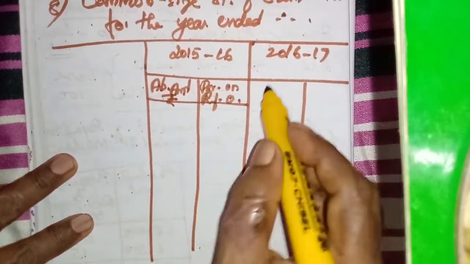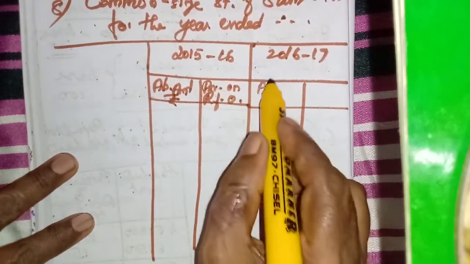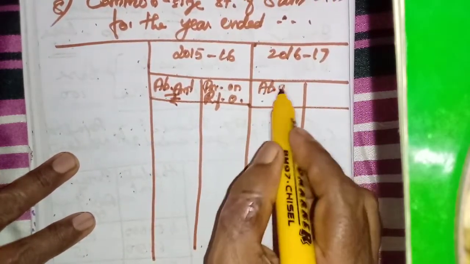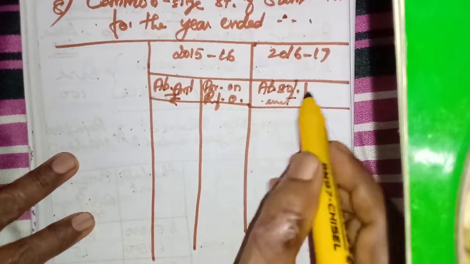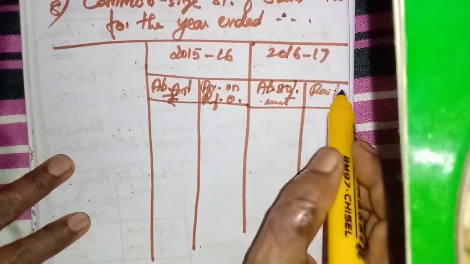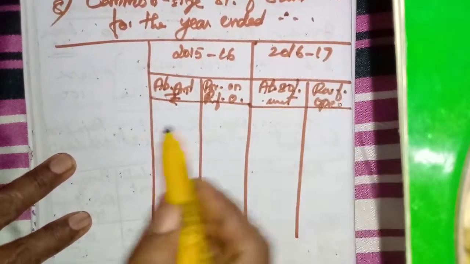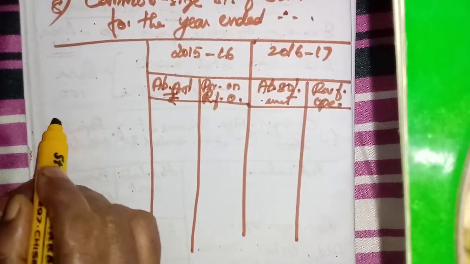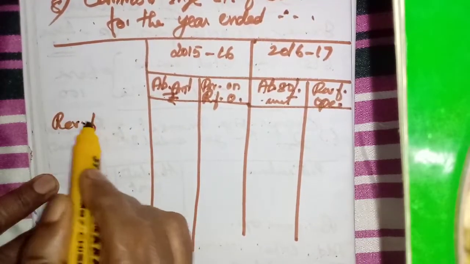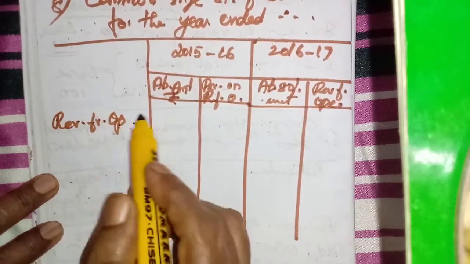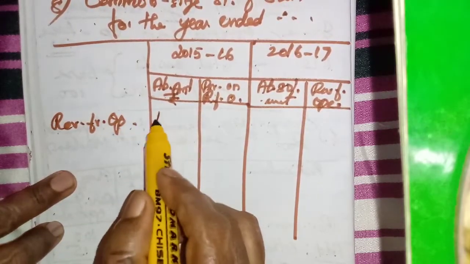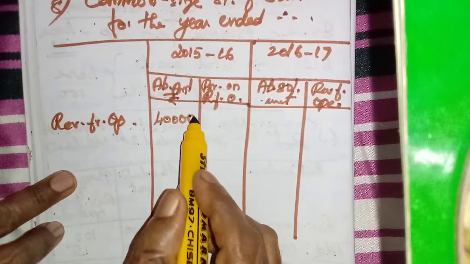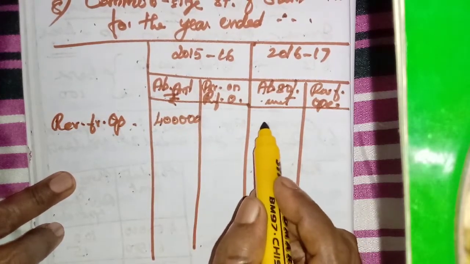Okay, here in the same way, absolute amount, here revenue from operation. Okay, first one, revenue from operation 4 lakh. Here 5 lakh.